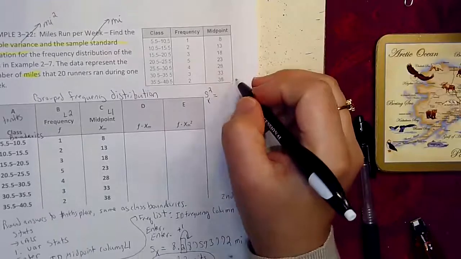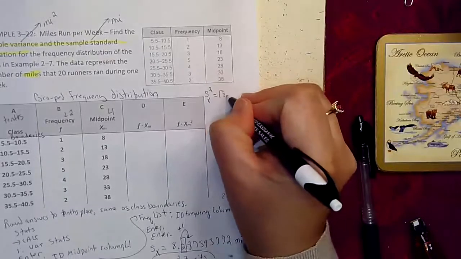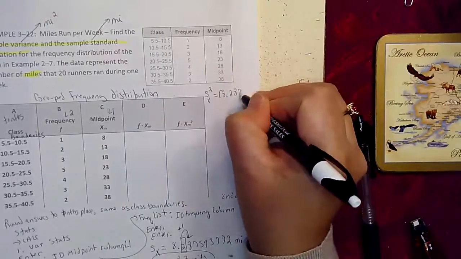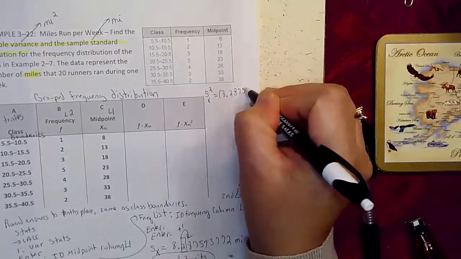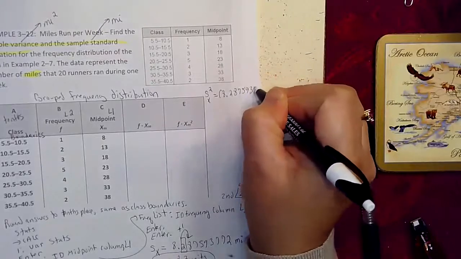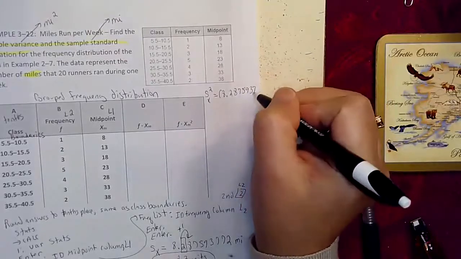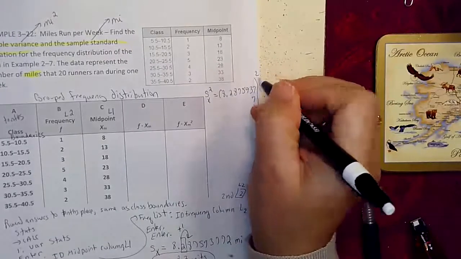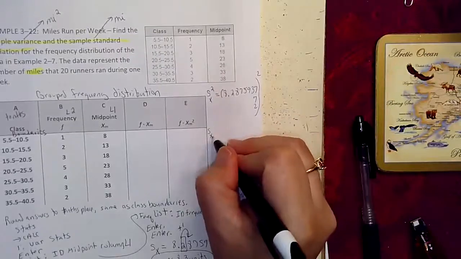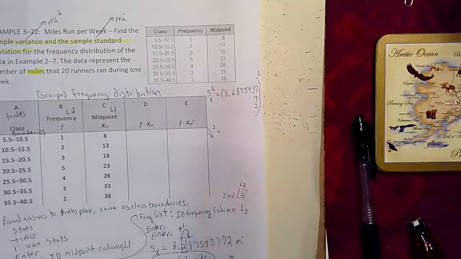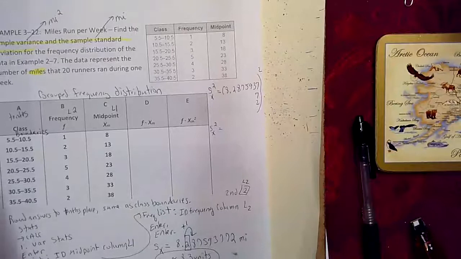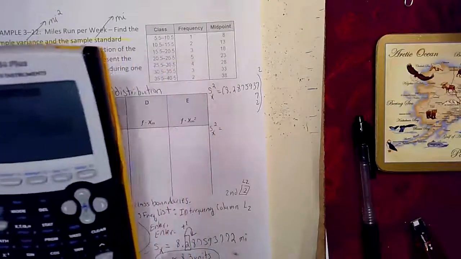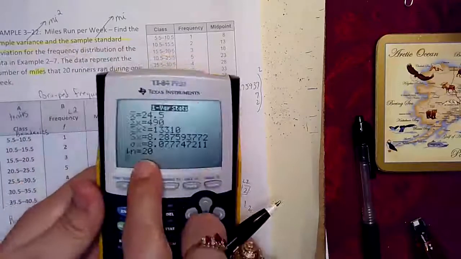I would take this value 8.28793772 and then square it. So just type that in, just come over here and type that.